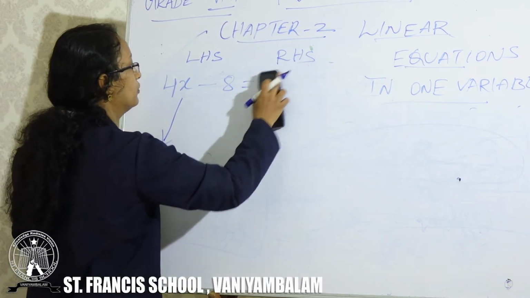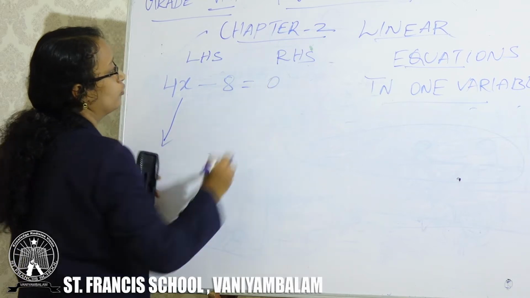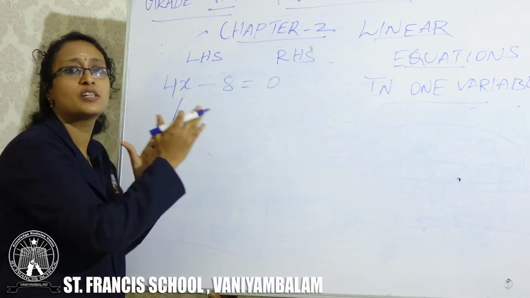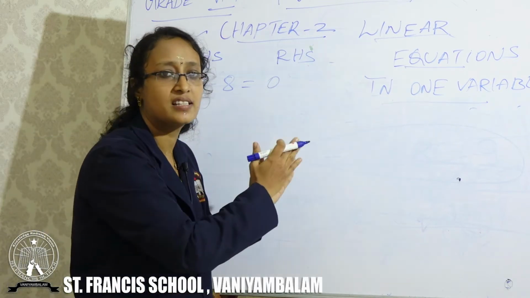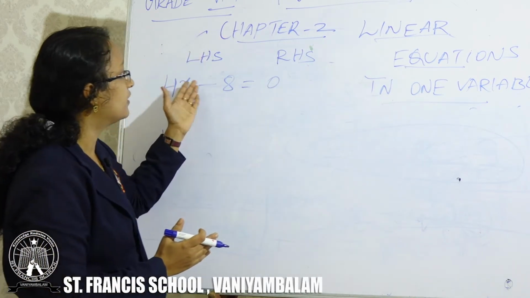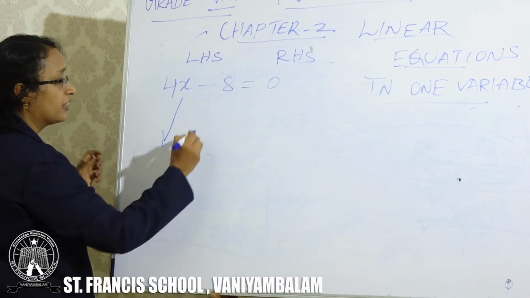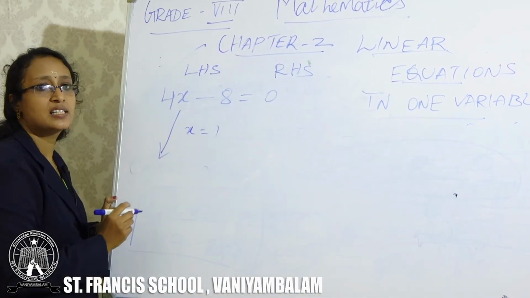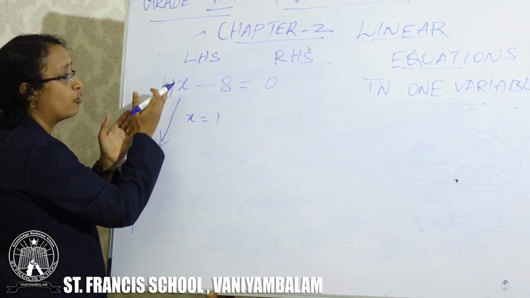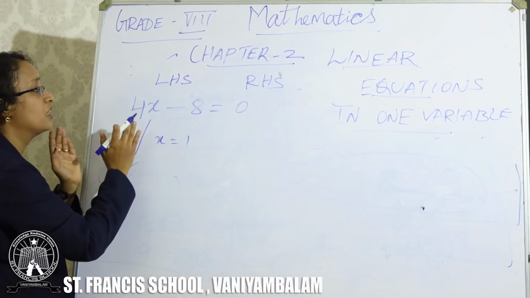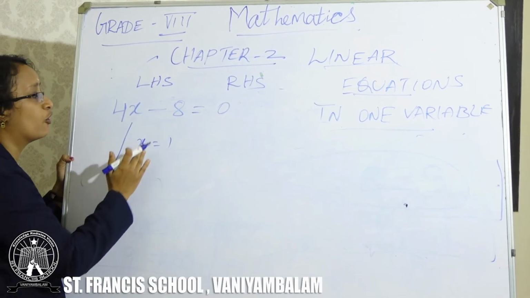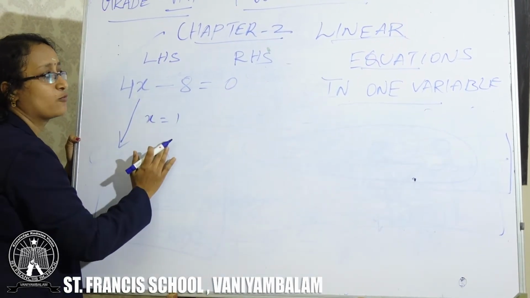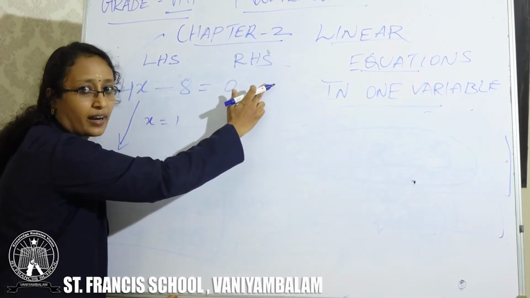Okay, if I give you 0, 4x minus 8 is equal to 0. So what number should I substitute for x to get 0 on the left hand side? If I substitute 1, 4 into 1 is 4, minus 8 is minus 4, which is not equal to the right hand side.